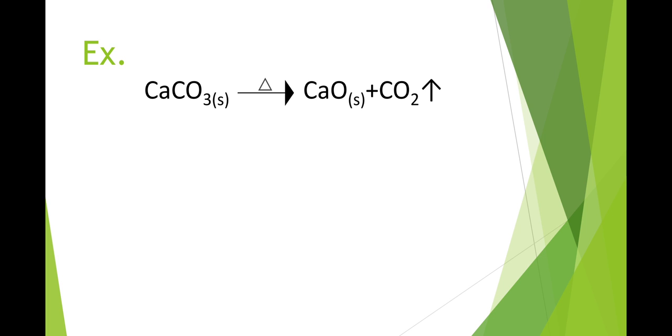Now we have to heat this powdered calcium carbonate which we have taken in the first test tube. We have to heat it strongly. What happens? We can observe that the lime water has turned milky. From this we can conclude that there is the formation of carbon dioxide taking place.